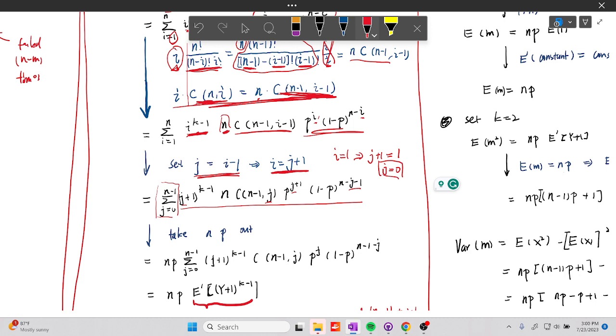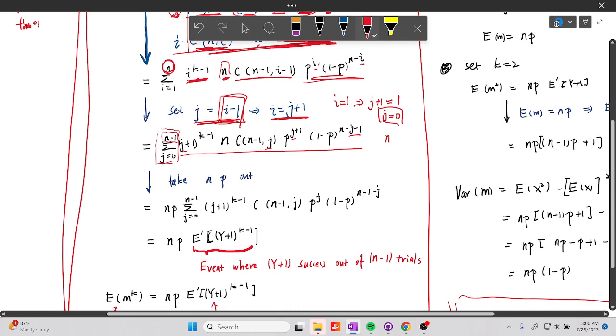And the previous summation ends at n, but this time it's going to be one less than the previous one, which means it's going to end at n minus 1.